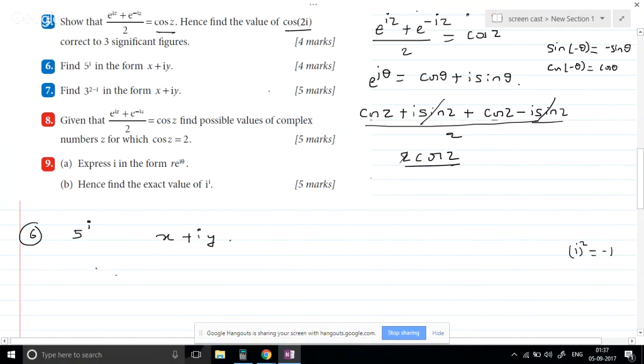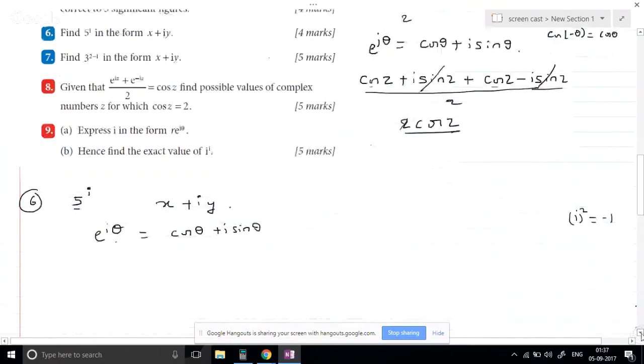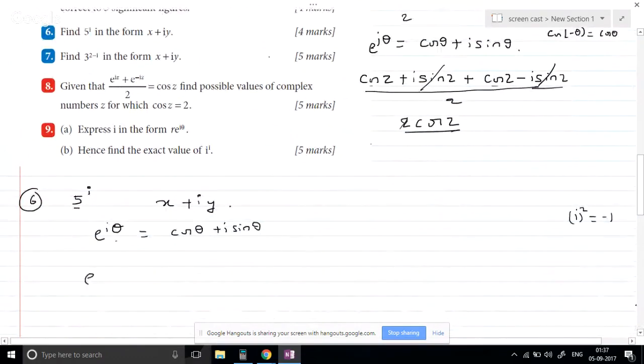Now we all know that e to the power of i theta happens to be cos theta plus i sin theta. Now if there is any other constant apart from e, it can be written something like this: e to the power ln of 5 to the power i. Hope this is clear.